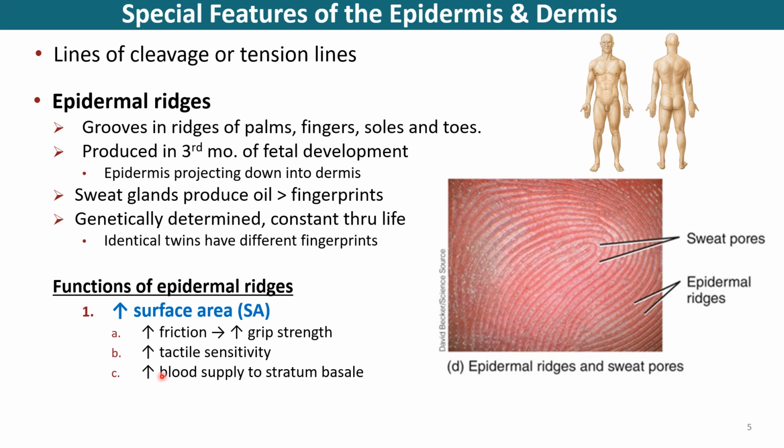We'll also have increased blood supply to the stratum basale because we're increasing all of that surface area. So we're making more ridges, more places for the papillae to come up into the epidermis. We can also have stronger bonds between the epidermis and the dermis because, again, we have more of those ridges interlacing and interlocking into each other more. So a lot of good reasons for having these epidermal ridges, which, again, make our fingerprints.